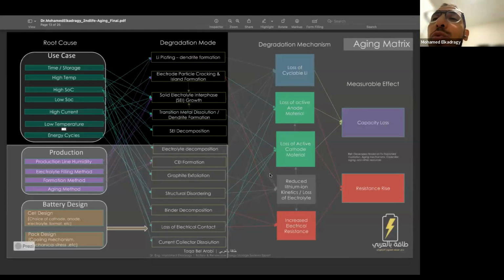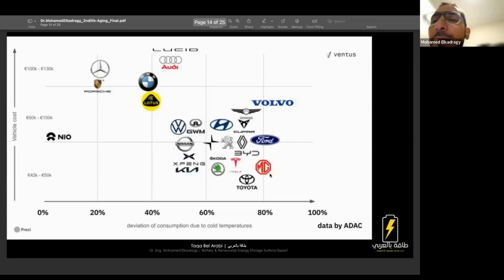I just want to give you an example of a use case. Interesting tests were recently announced about exposing some EVs to low temperature. If we go to the next slide, you will see exactly what I mean. This was a test by ADAC, a German entity, exposing different vehicles to cold temperatures.